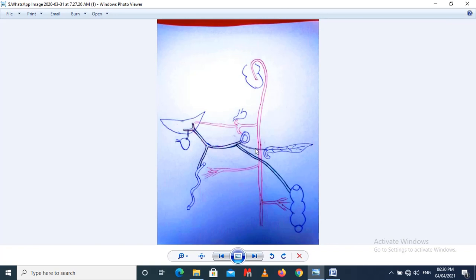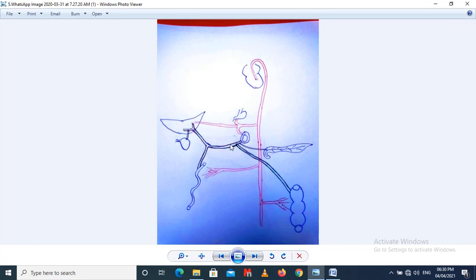This pancreatic vein also goes and combines with the splenic vein. As I have told you, the splenic vein gets a large number of branches. So the splenic vein gets a vein from the pancreas, that is called the pancreatic vein. So the pancreatic vein provides the deoxygenated blood to the what?